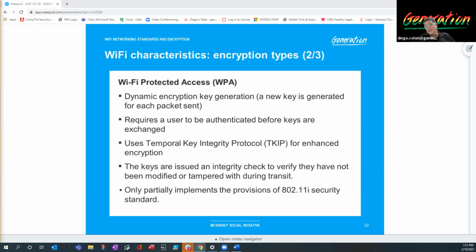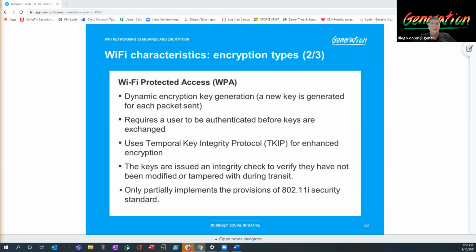Since they figured out that it actually wasn't that good, it uses what they call TKIP, the Temporal Key Integrity Protocol, to add more layers of encryption, because WPA by itself was still hackable. Any questions?